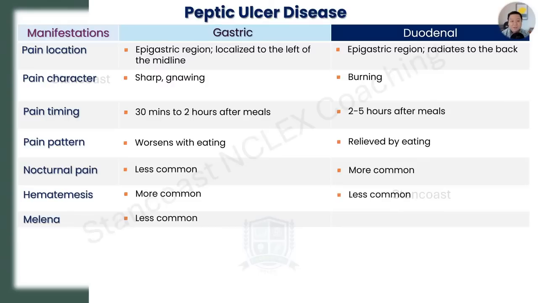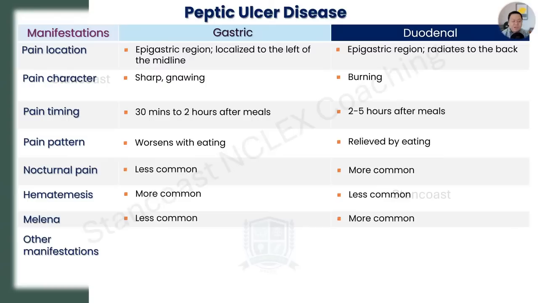When it does occur, it's because of significant bleeding that travels back into the stomach before being vomited, but again, it's less common. Now for melena, this is more common in duodenal ulcer because the duodenum is further down the digestive tract, and blood from a bleeding ulcer has time to be digested by the intestinal enzymes, resulting in a characteristic black or tarry stools.